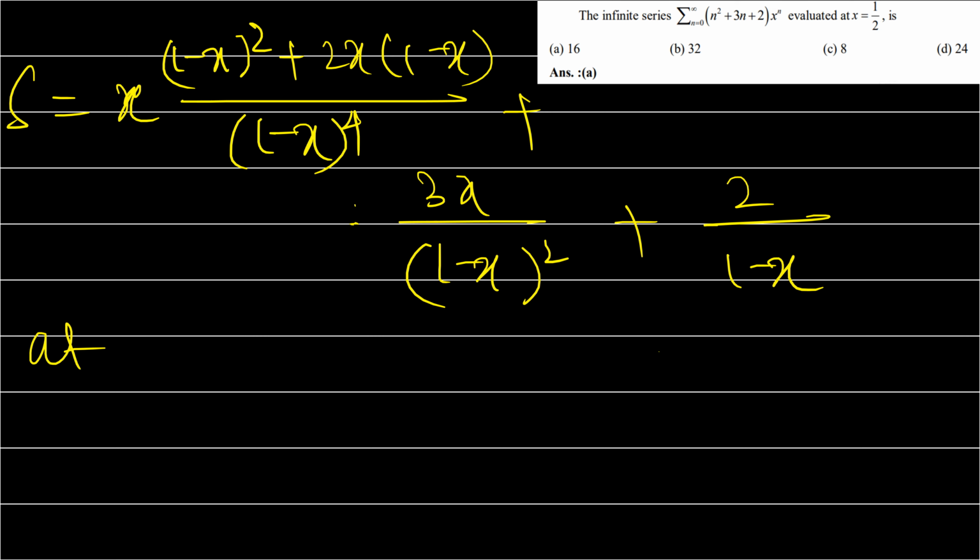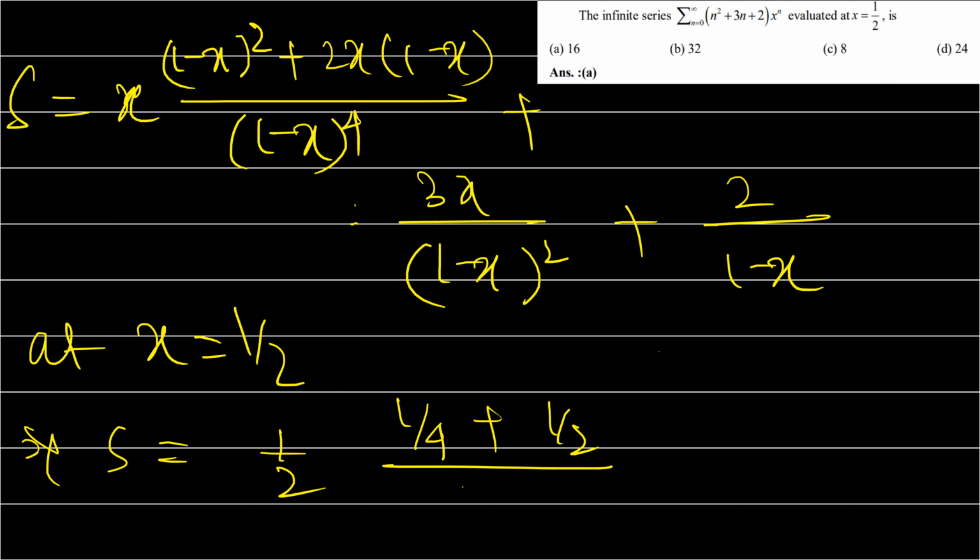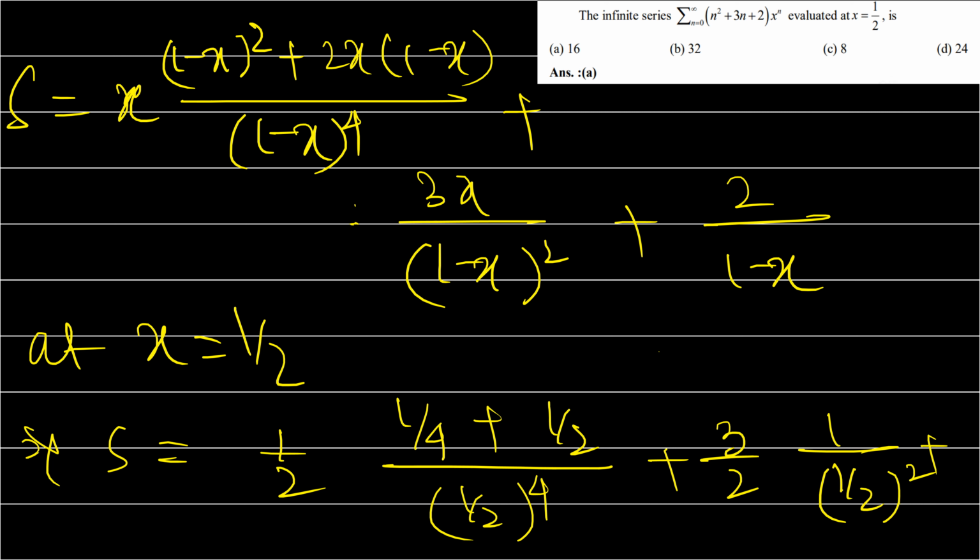Now at x equal to half, the summation becomes 1 by 2 times 1 by 4 plus 2 into 1 by 2 into 1 by 2, divided by 1 by 2 whole to the power 4, plus 3 by 2 into 1 by 2 whole square, plus 2 by 1 by 2, so it will be plus 4.